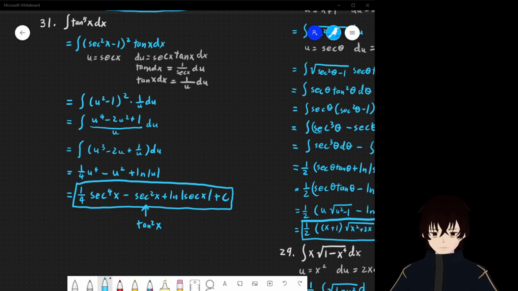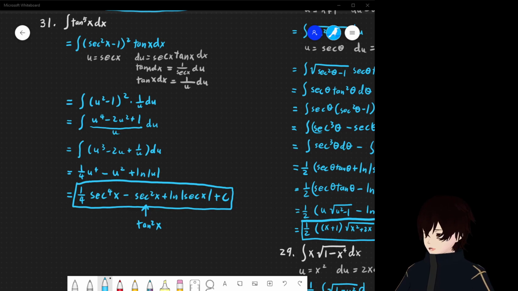1 over 4 minus u squared. If I turn that into 1 plus tangent squared, that wouldn't work either. How? The answer is the integral of tangent to the power of 5x.